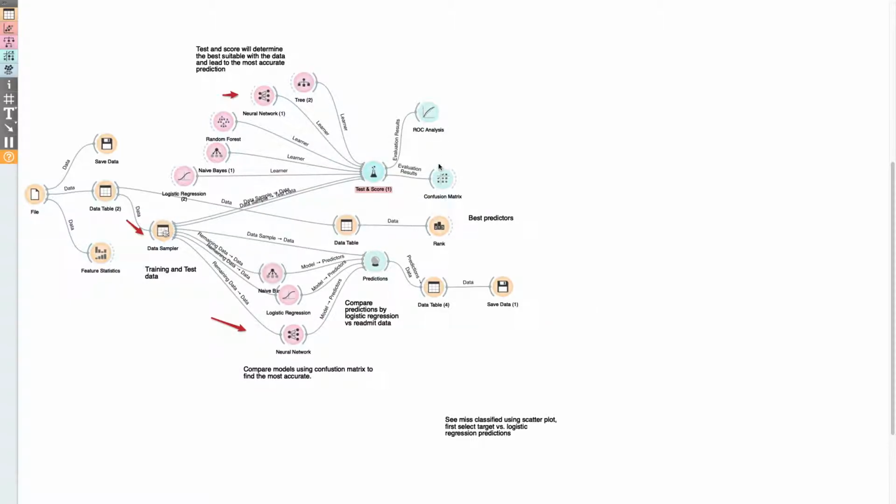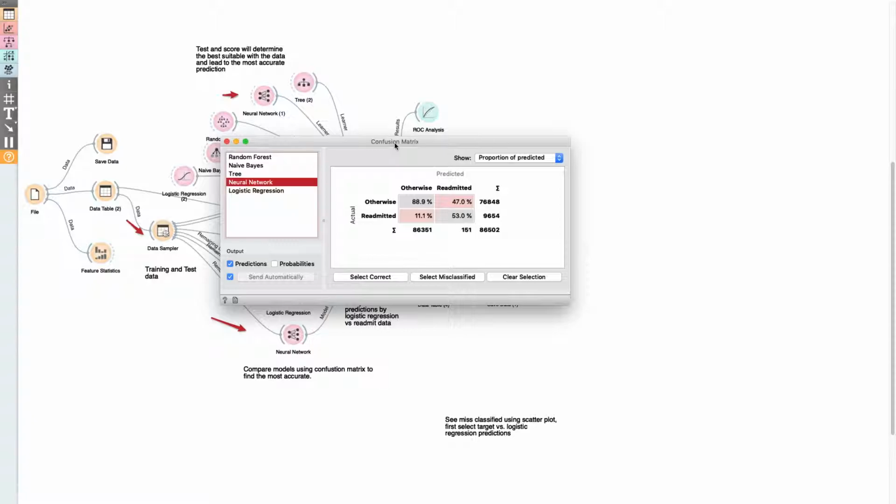Afterwards, I did the confusion matrix to further analyze the true positives and true negatives of each one by percentage. As you can see here, these 3, logistic, neural network, and Bayes, had the highest numbers. Because of that, I kept all 3 of them.